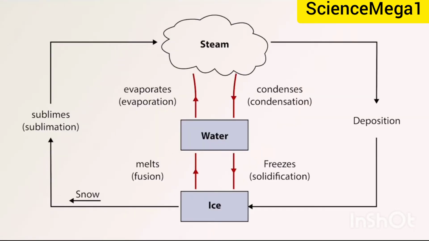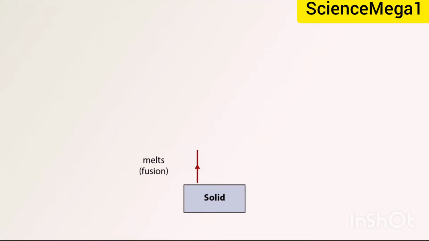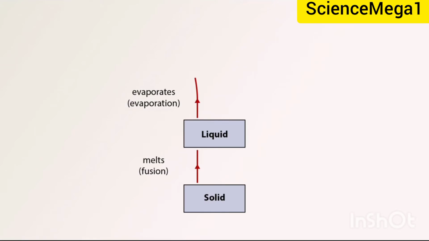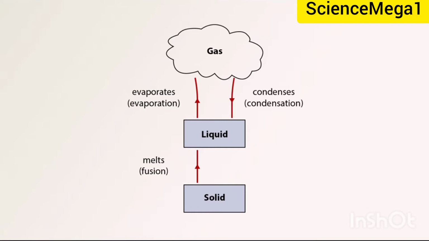These changes have been illustrated in the diagram on your screen. In the diagram on your screen, when solid melts, it forms liquid in the process called fusion, and the liquid in turn evaporates to form gas, also in a process called evaporation or vaporization. And when the gas condenses to liquid, it is also called condensation.